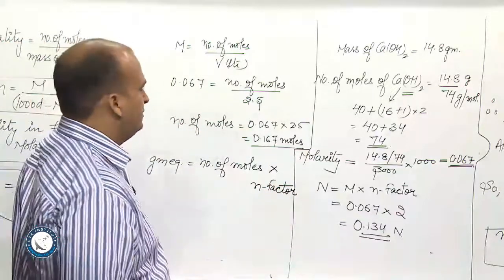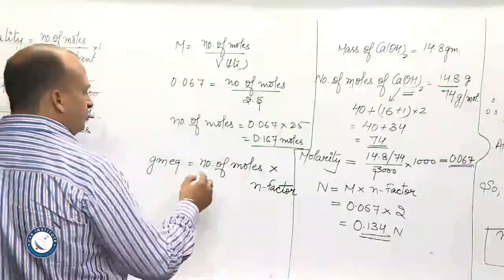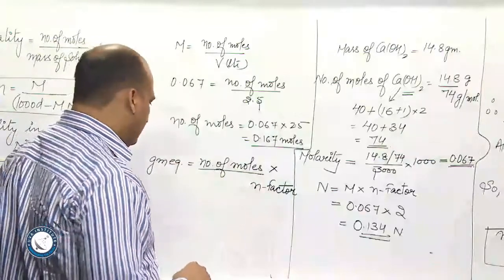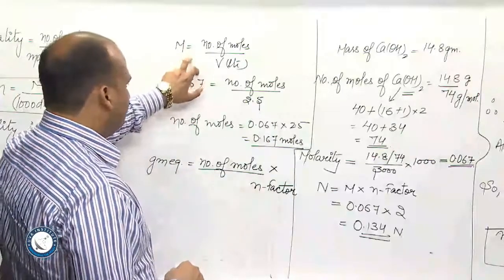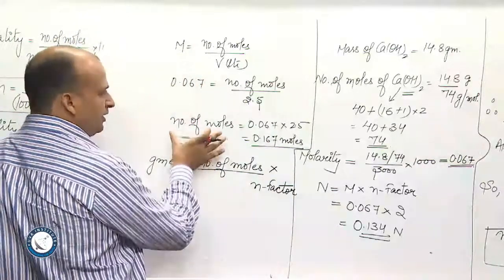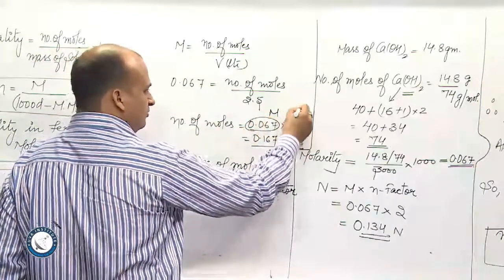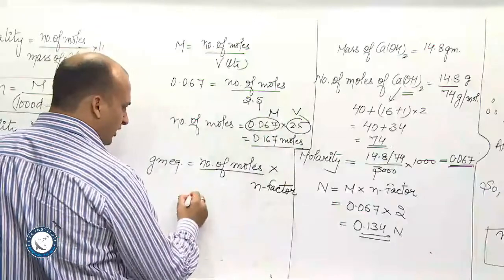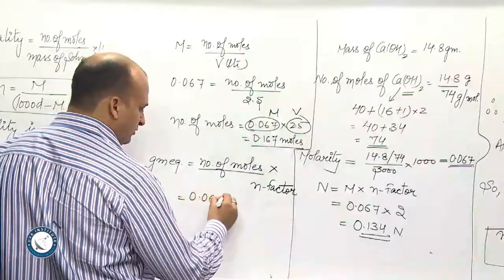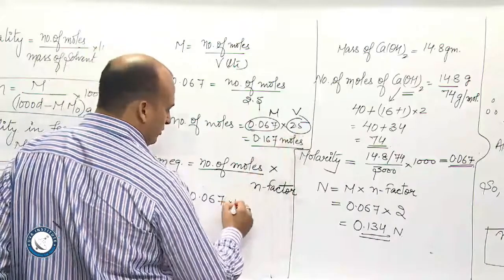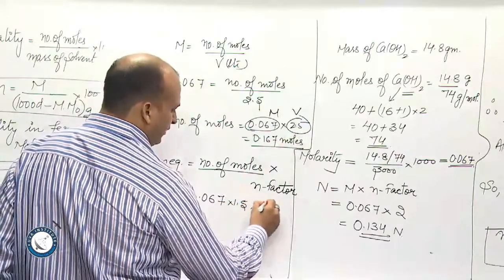I told you in the last class. Now what I have to do is find out the number of moles in 1.5 liter. See, how do I get number of moles? This is molarity and this is volume. So what is molarity? 0.067. What is the volume? 1.5, n factor is 2.